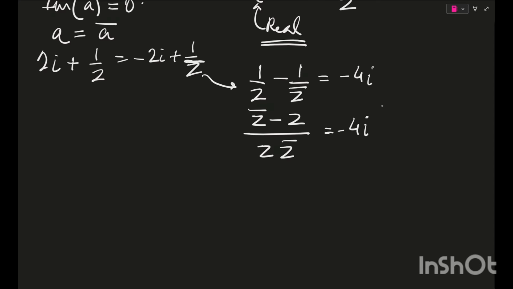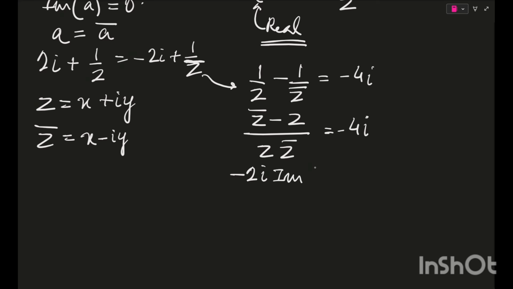Let's do one thing. Let's take z to be x plus iy like we always do, and therefore z conjugate will be x minus iy. So z minus z conjugate will be minus 2i times the imaginary part of z, and the denominator is z z conjugate, which means mod z square.